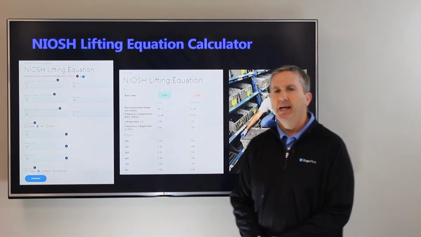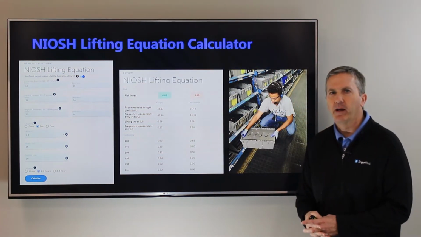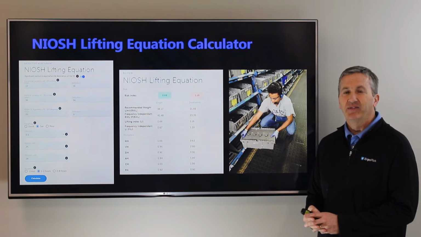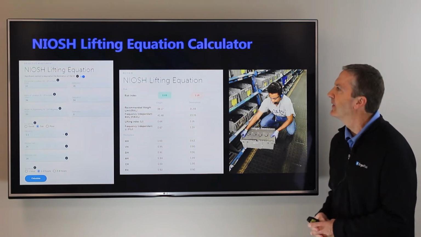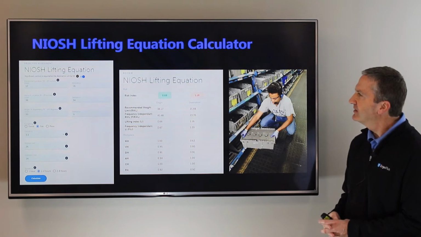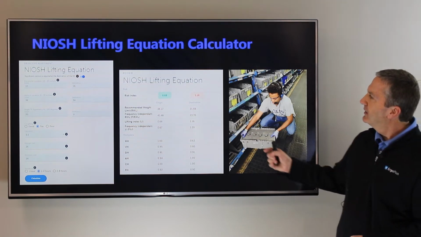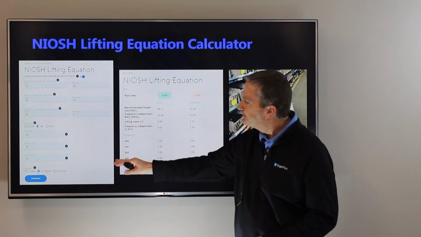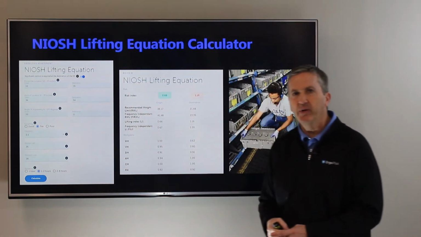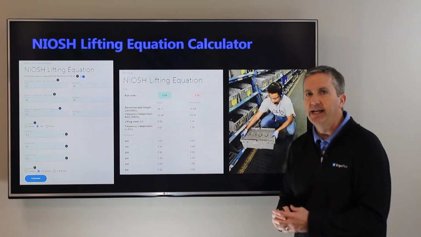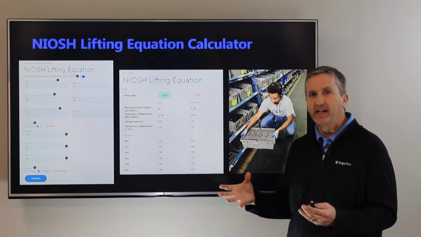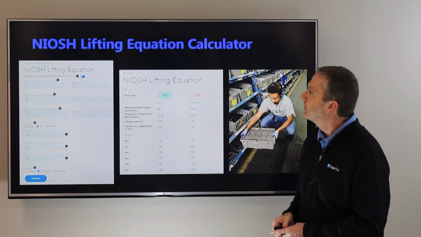We have developed a web-based NIOSH lifting equation calculator for single tasks. This single task calculator will allow you to input 12 different inputs based on measurements that you take and the objective data that you collect.